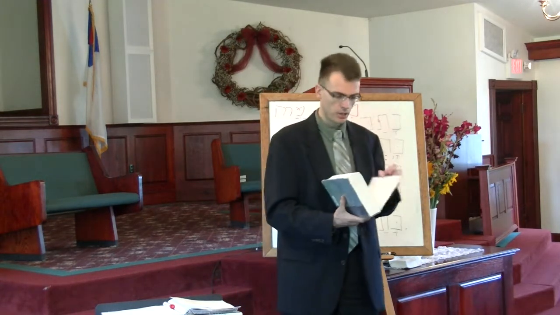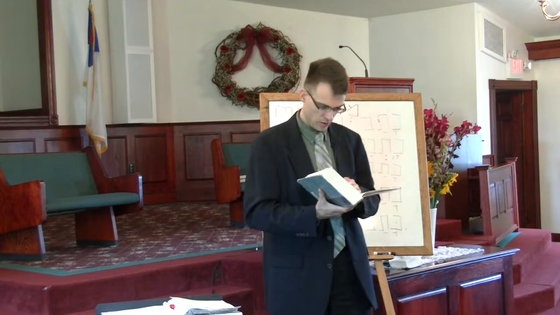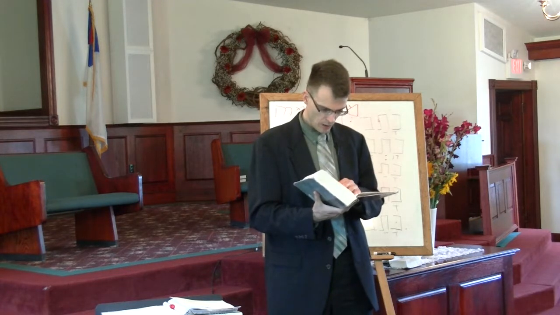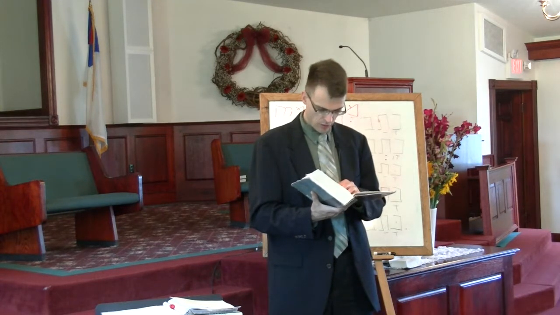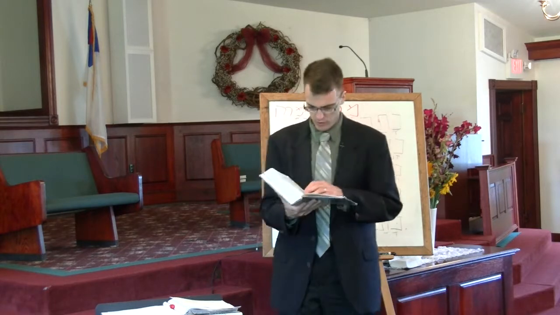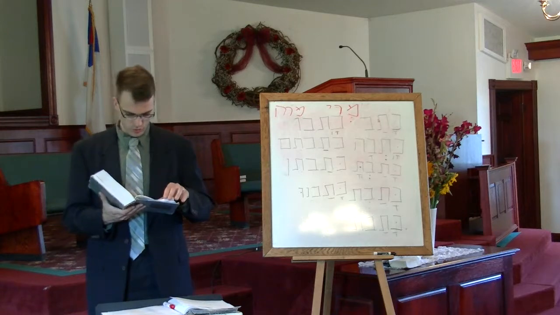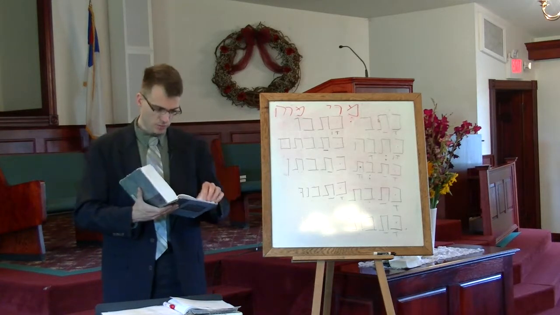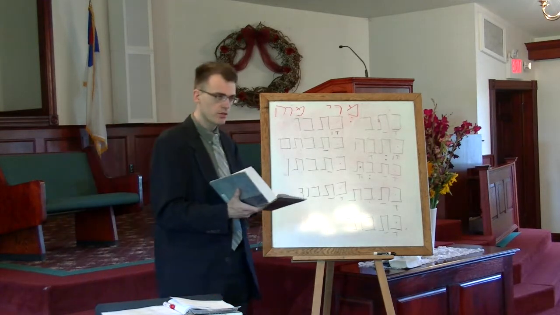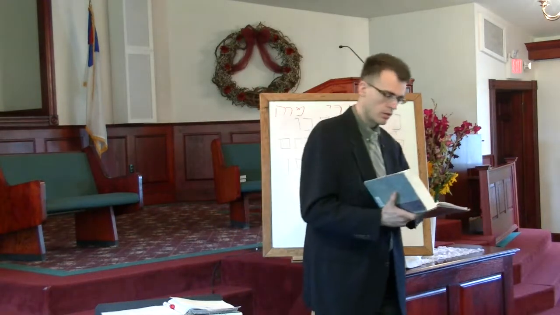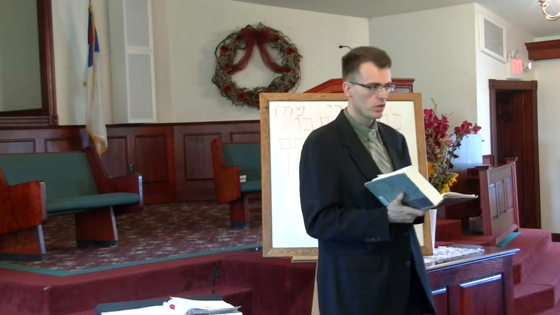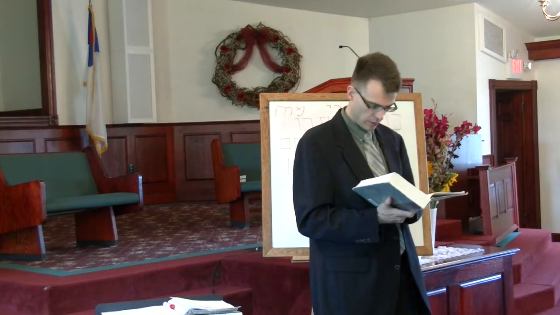There's also a few other things about using the lexicon. The preface, if you go to the very front of the lexicon, the preface is worth reading, though it's not super, super important. But right after the preface, there's a list of abbreviations. So go to the abbreviations. If you see some abbreviation you don't know, you can look here and it will tell you.